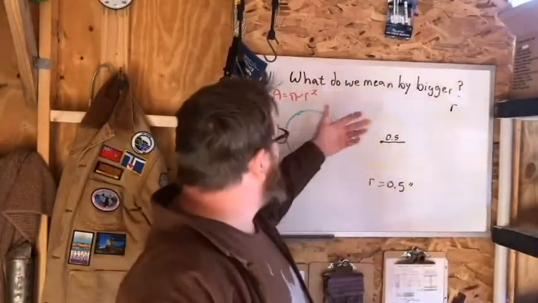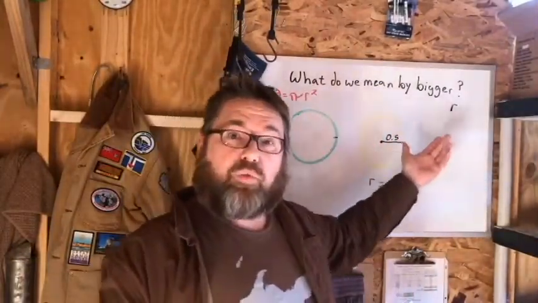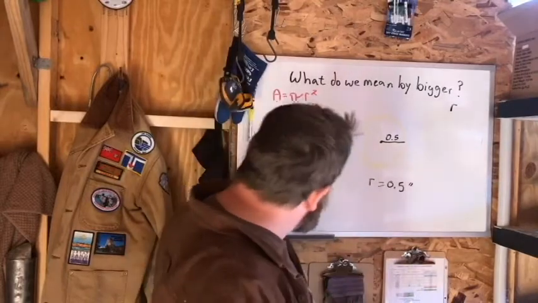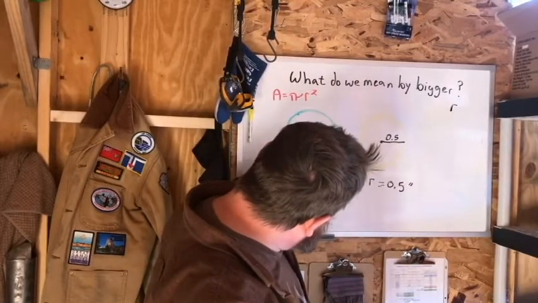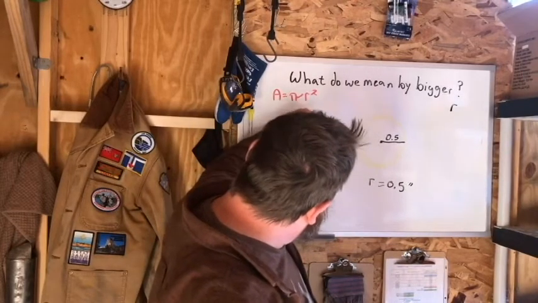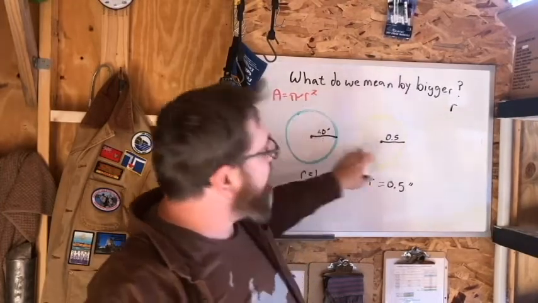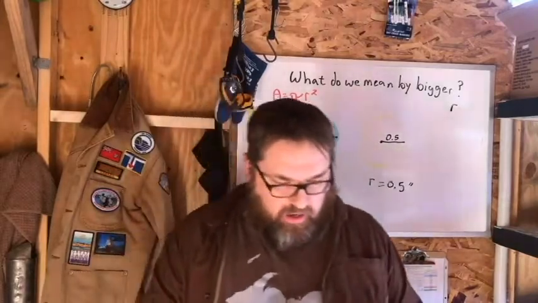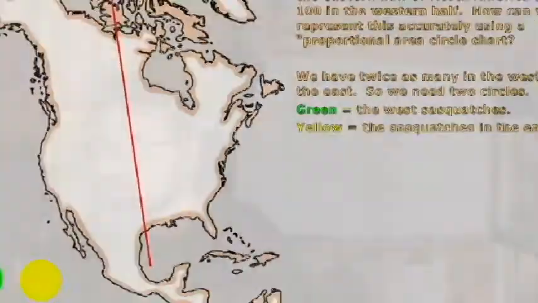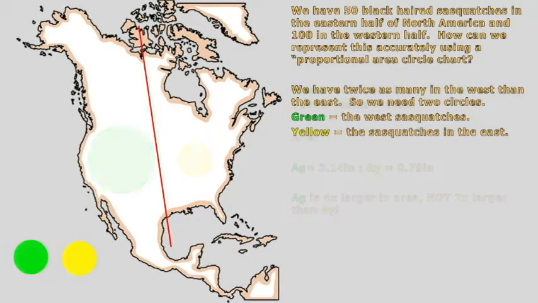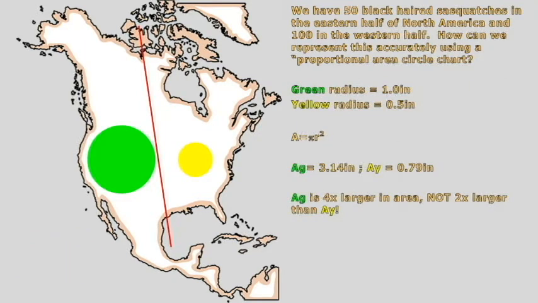Since our green Sasquatch population is twice as much, I could just be like, oh, let's set our radius equal to 1.0 inches for our green here, because that is twice as much as this. And we would then draw our circles, and here is what they would look like next to one another.